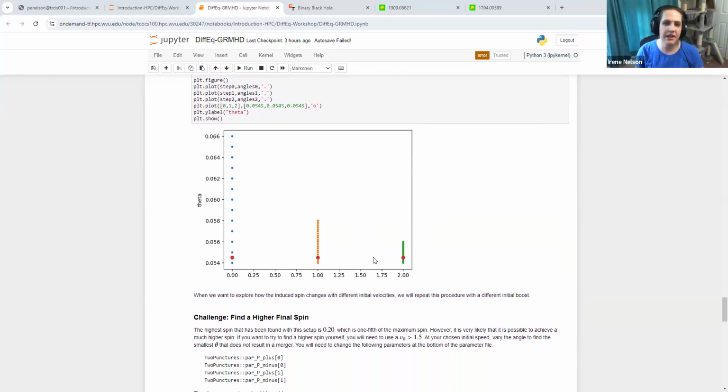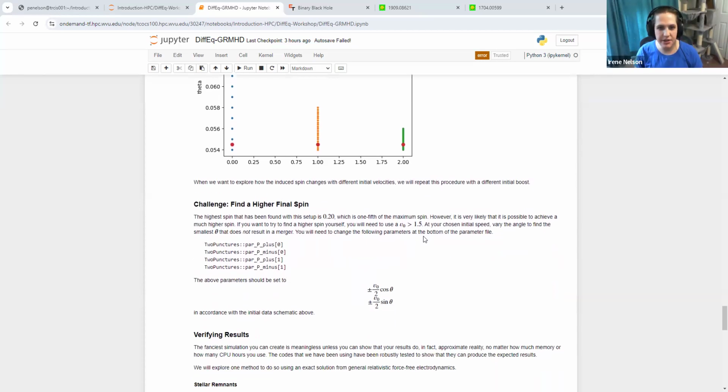And then we can also try running at different initial boosts. And then if we do that experiment, we'll see in pretty short order that the faster we set them off, the higher final spin we get in that case where we're as close to the merger as possible.